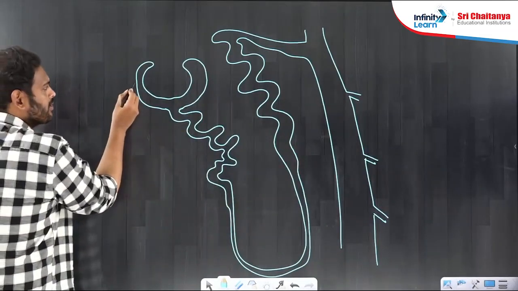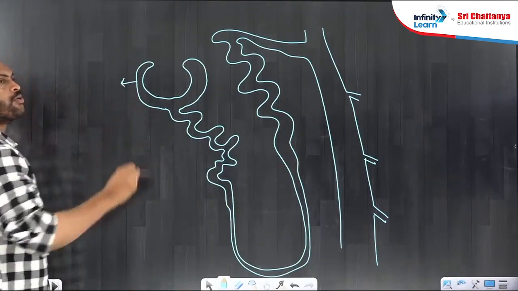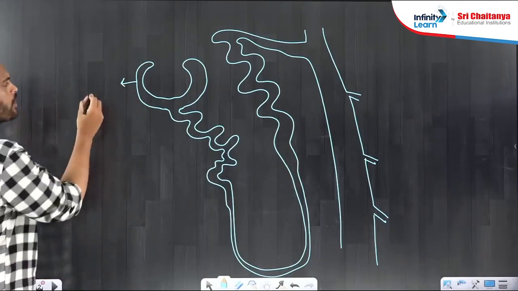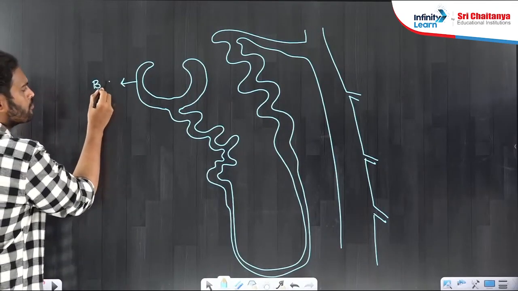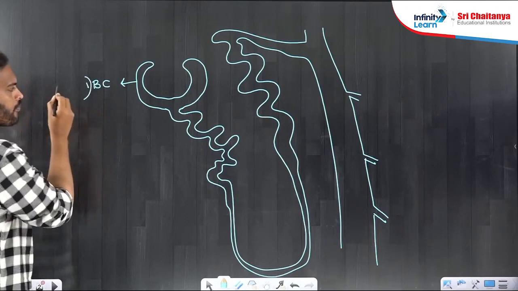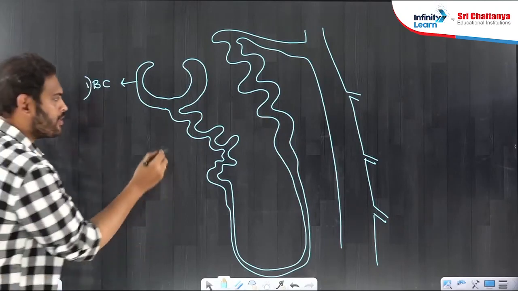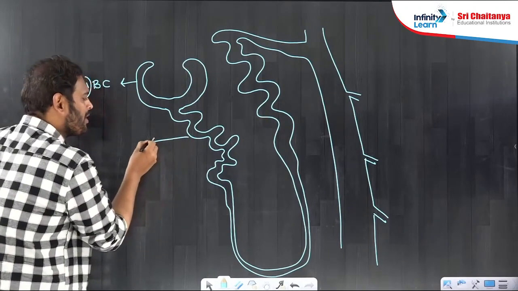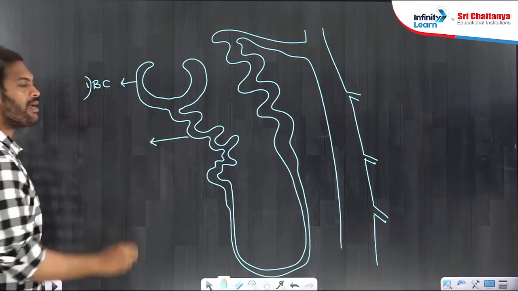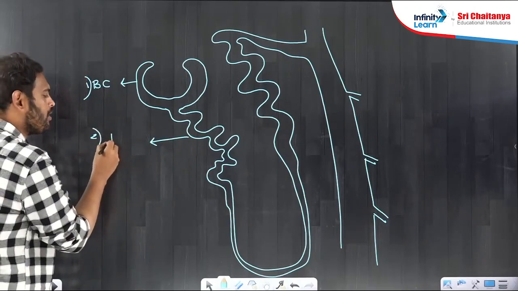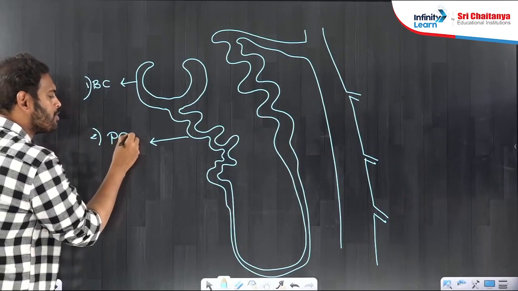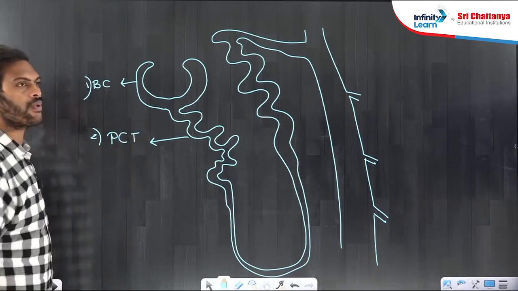Guys, this double-walled structure is known as Bowman's capsule. Okay. This folded tube-like structure is known as the proximal convoluted tubule.